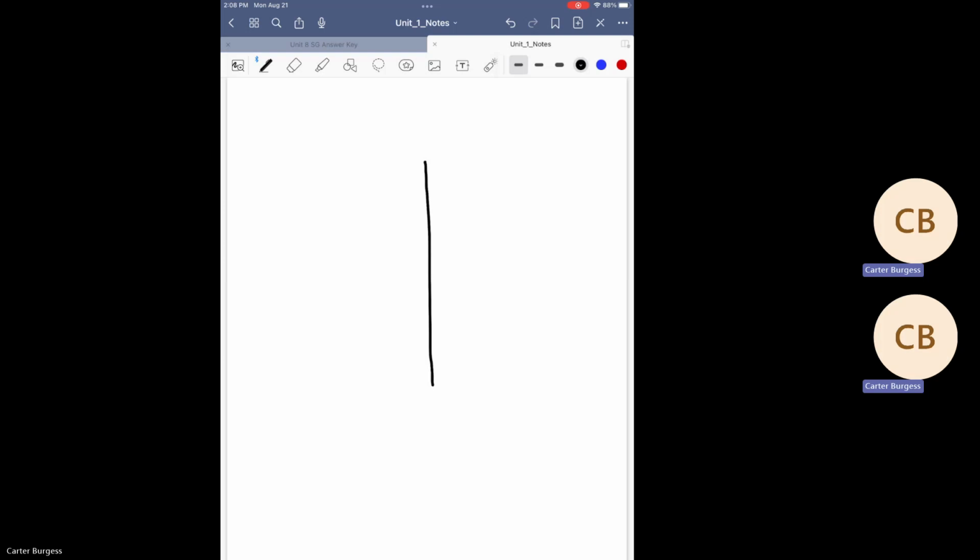So let's say we're looking at some kind of graph, x, y. And we'll say that our parent function, this f of x, will be equal to x squared. All right, so our standard quadratic.